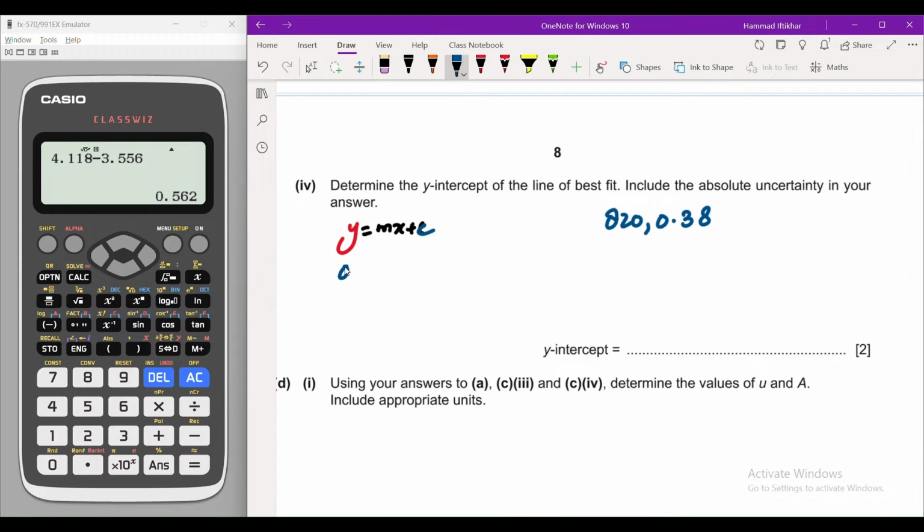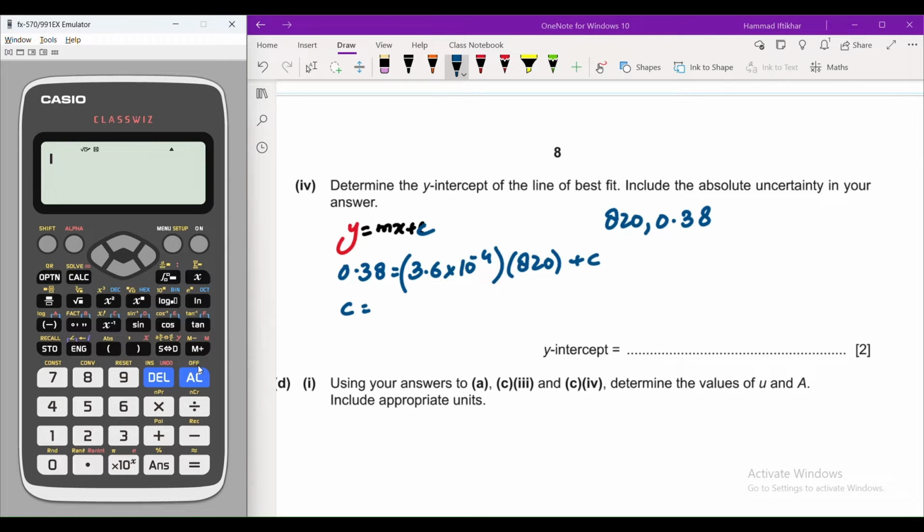So y, 0.38, equals 3.6 times 10 raised to power minus 4, x was 820, plus c. So c is going to be the difference of those: minus 820 times 3.6 times 10 raised to power minus 4.